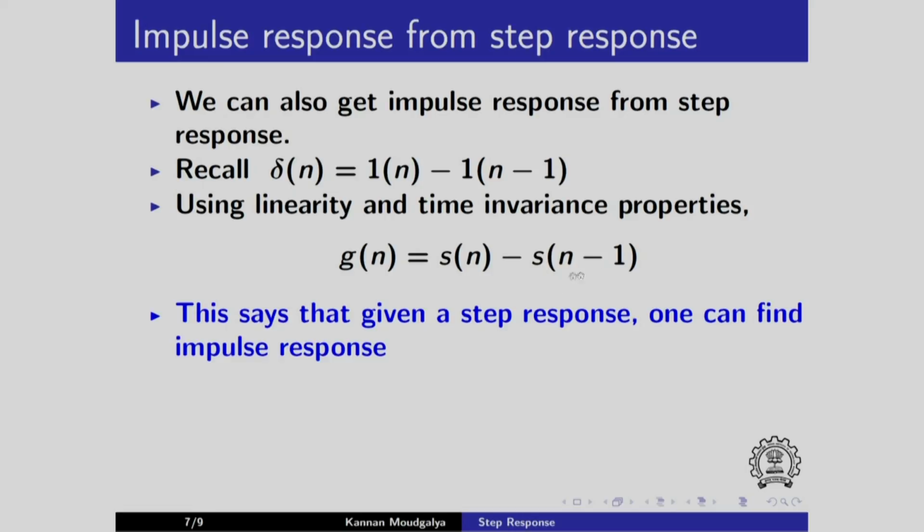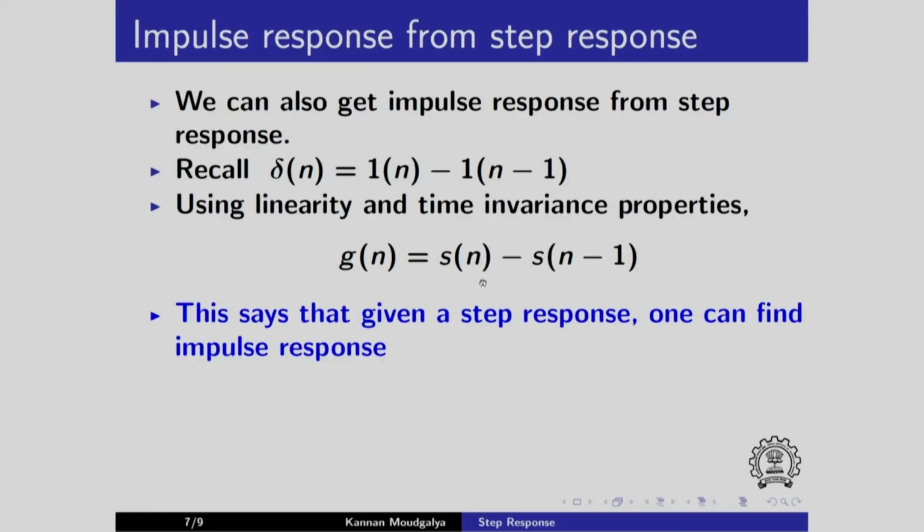Do you have to do this experiment to get S of n minus 1? Well, you do not have to do that experiment once again, because it is the same S, but time shifted by 1. So given this S of n, you can find out what S of n minus 1 is just by shifting it by 1.